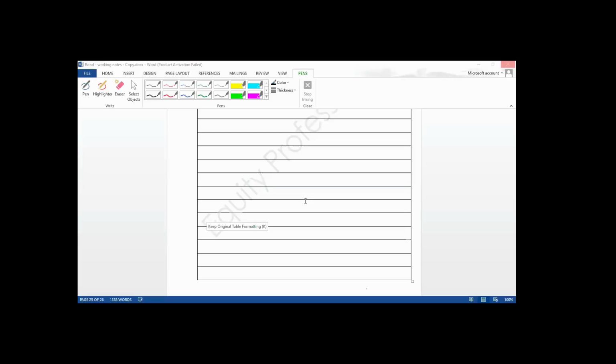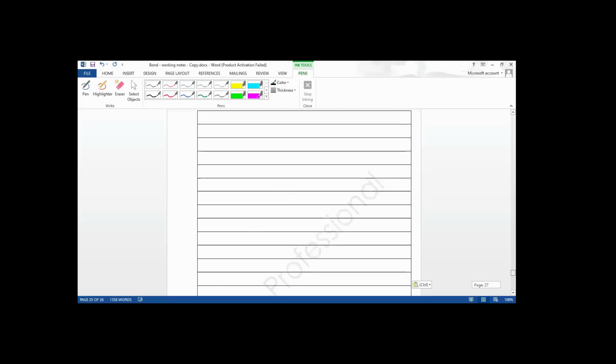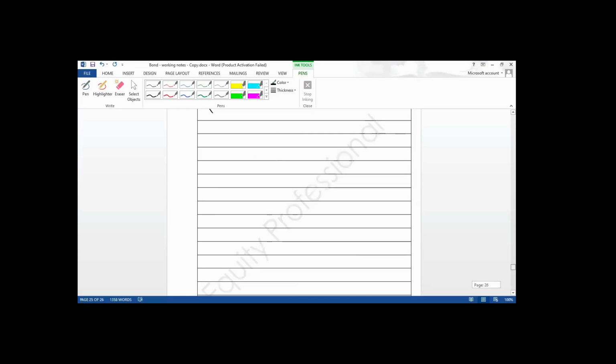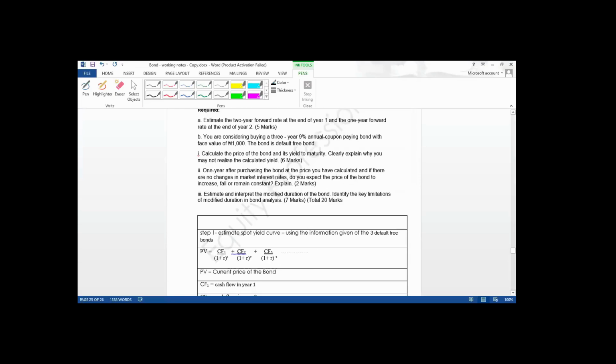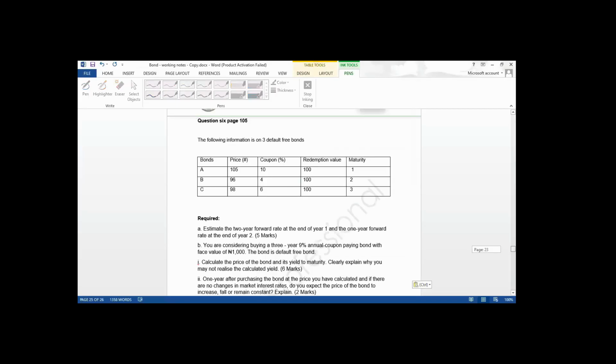Let's go to it. Look at default-free bond A. Maybe I should copy it closer.